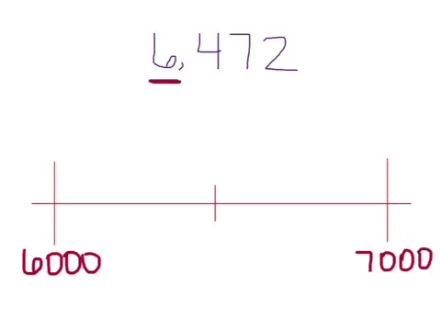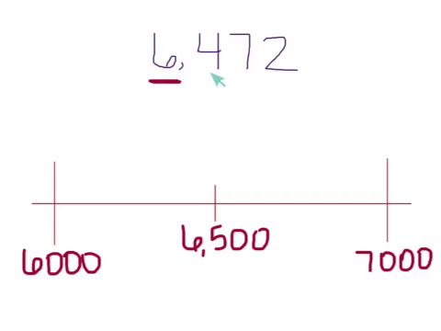And we also need our middle number to help us break it apart, and that would be 6,500. The last thing we want to do is decide where 6,472 is on this number line.